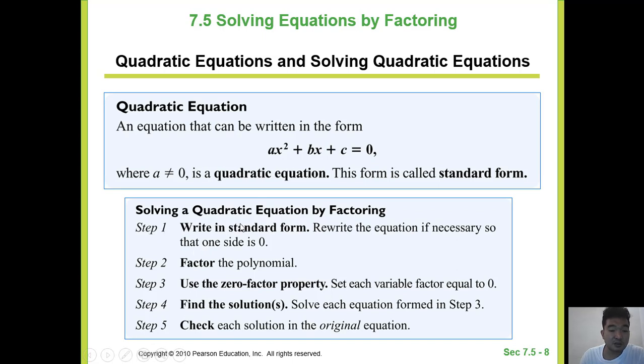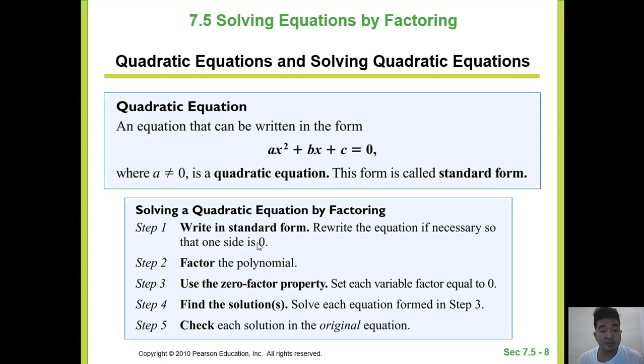The first step is to write the equation in standard form. Rewrite the equation if necessary so that one side is equal to 0. That is the first step that you have to perform for you to be able to solve a quadratic equation by factoring. You transform the equation to standard form.